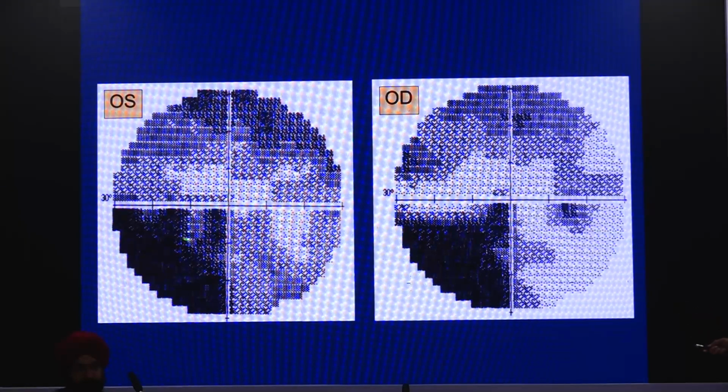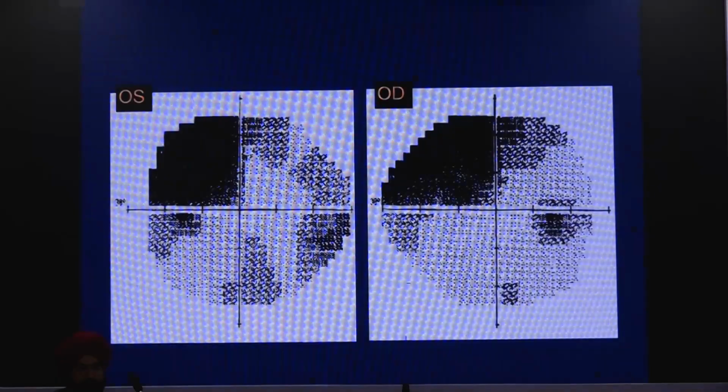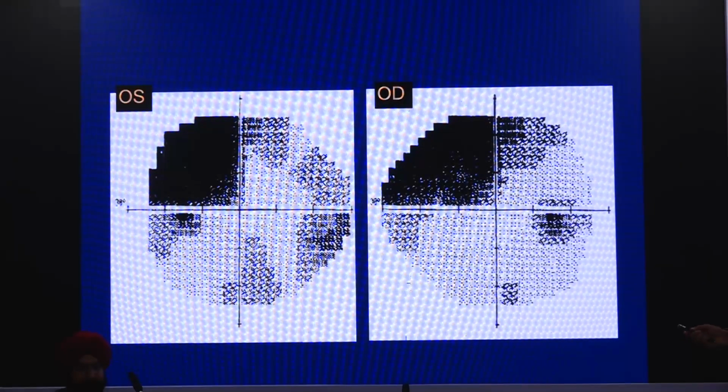So here what you're seeing is a left-sided defect which is predominantly inferior. So this is left homonymous inferior quadrantanopia, what is also described as pie in the floor. Generally the lesion would be in the parietal area, versus here what is described as pie in the sky. You see this is a predominantly left-sided superior quadrantanopia.